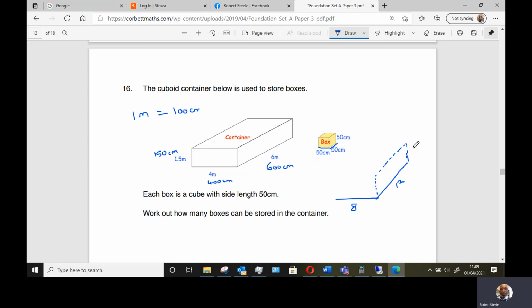So you'll get 3 boxes high. So you'll get your answer from 8 times 12 times 3.